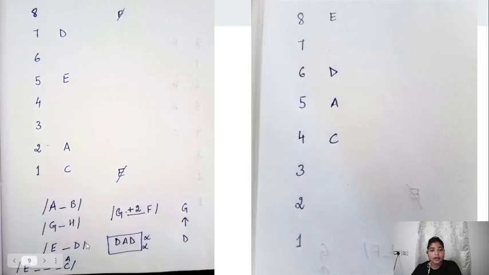Okay, and then G is above D, so I have only one way to write G, and G will come here, right? When G comes here, I will write G here, and another condition, that is A 1 B, A and B will come here, and they have told that, okay.